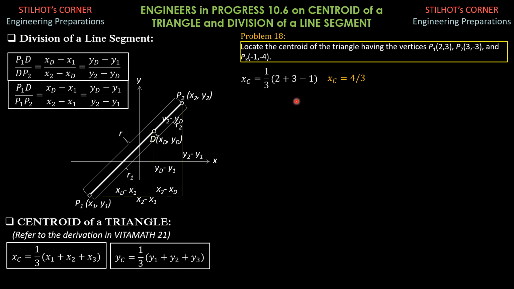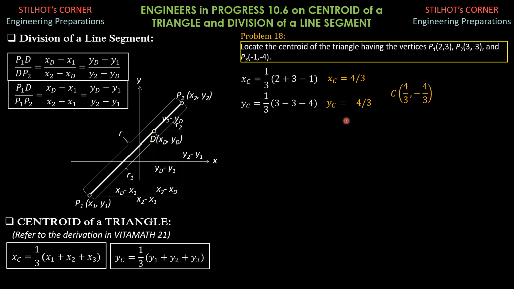Likewise for the y coordinate, 1/3 of quantity 3 plus negative 3 plus negative 4, so this is negative 4/3. So the centroid is at (4/3, negative 4/3).